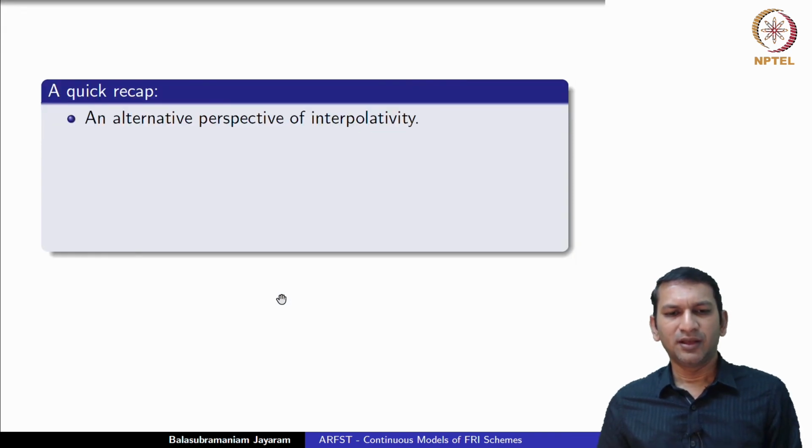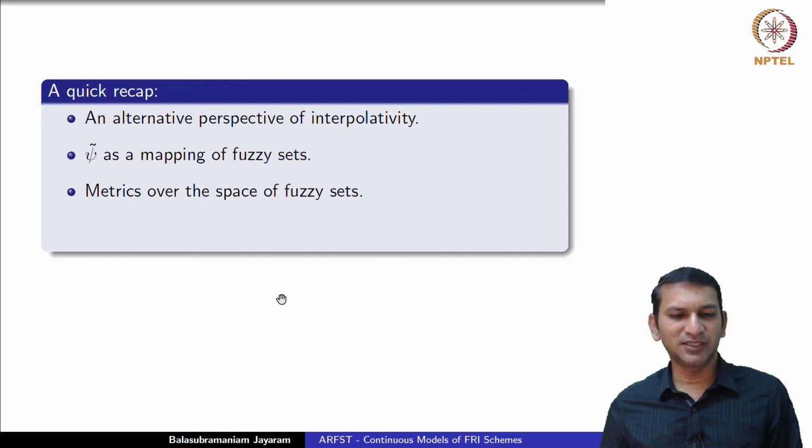Now, a quick recap of what we have discussed in this lecture. We looked at an alternative perspective of interpolativity, looking at psi tilde as a mapping of fuzzy sets using cleverly designed metrics on the space of fuzzy sets.